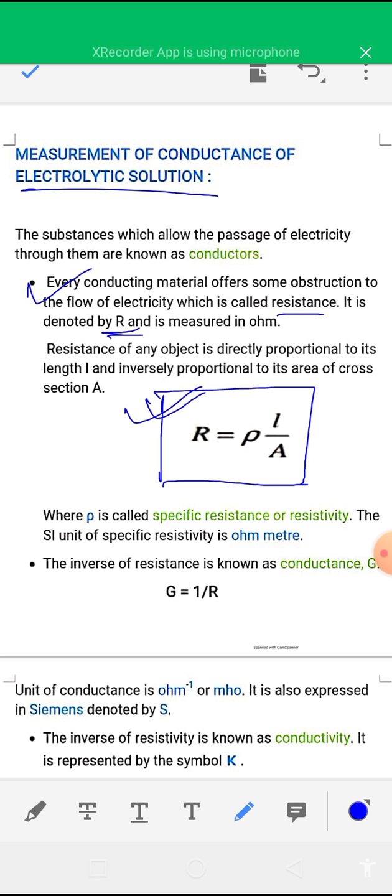Resistance is the obstruction to the flow of electricity, and it is denoted by R and measured in ohm.